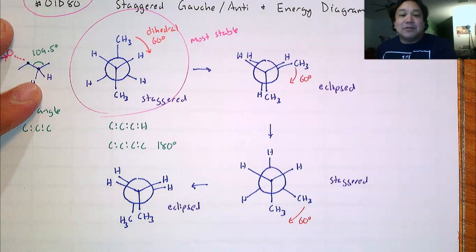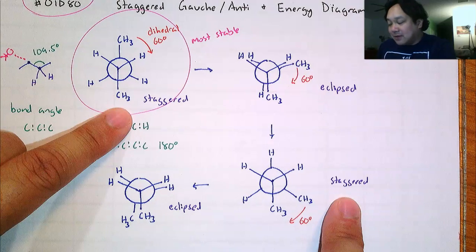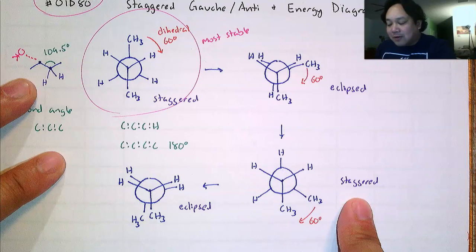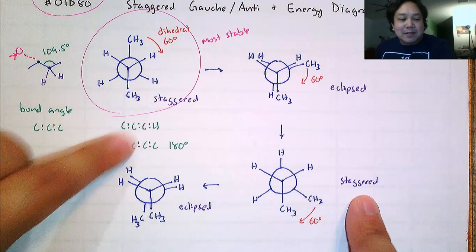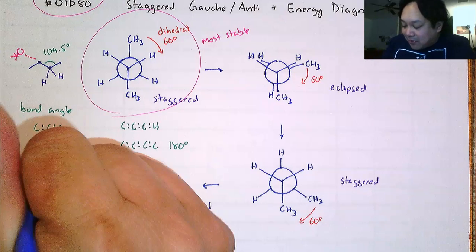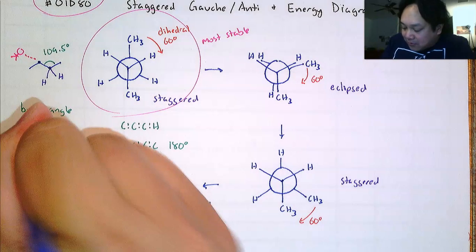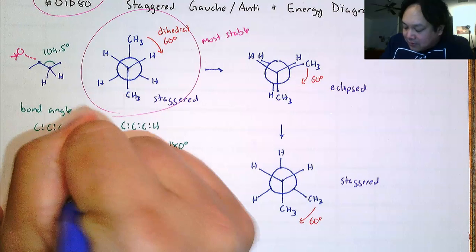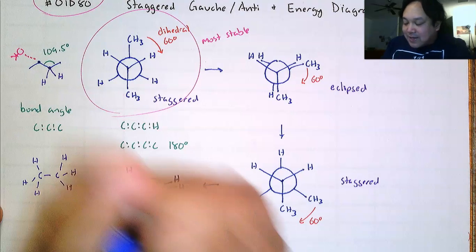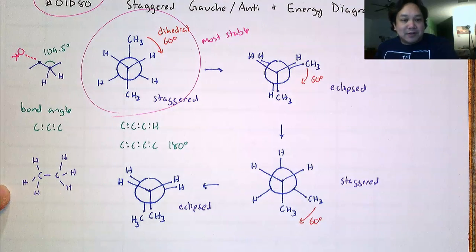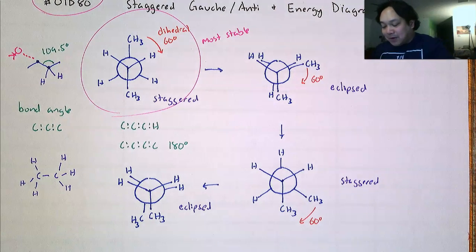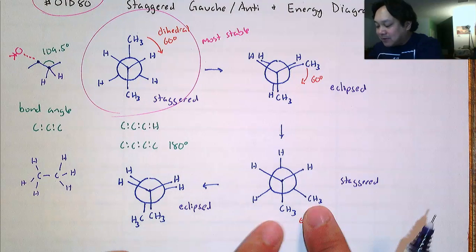There's actually a special name now for these two staggered conformations. If you recall, before, we talked about ethane, right? Ethane, which only has hydrogens off of those carbons, the staggered position only has one energy. They're not split up into two energies because, well, I'm not going to draw it, but imagine these two are hydrogens.